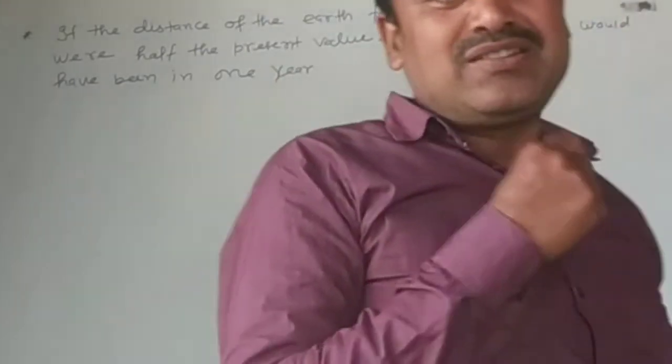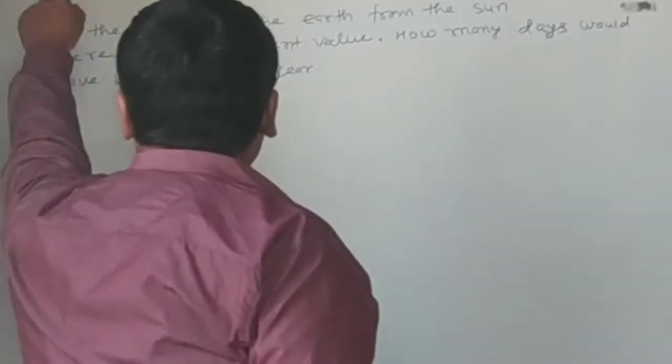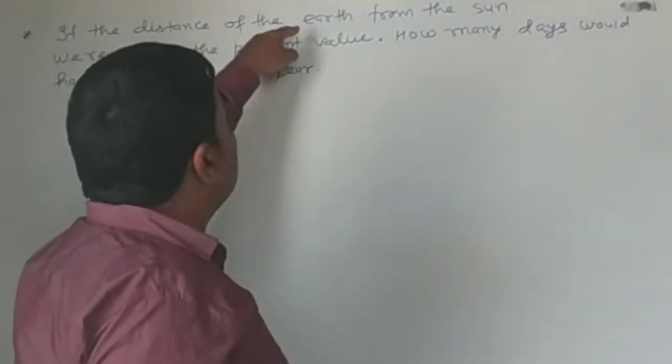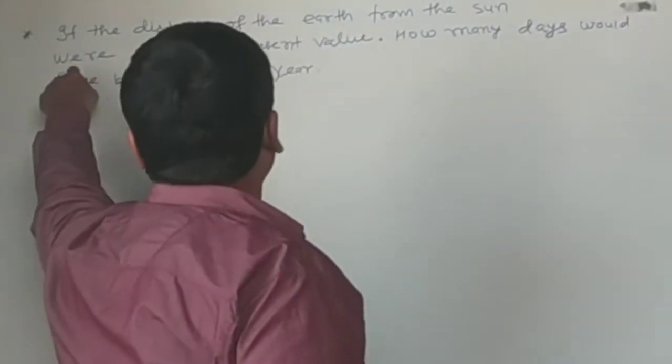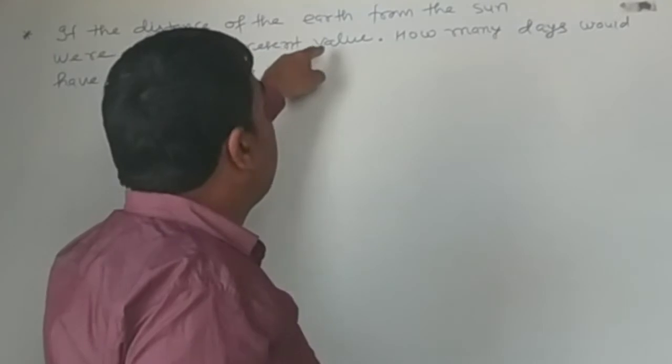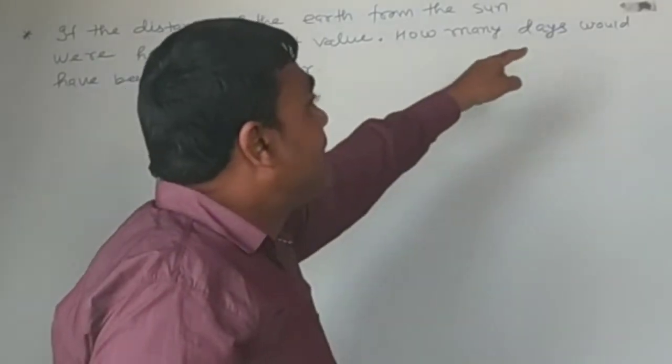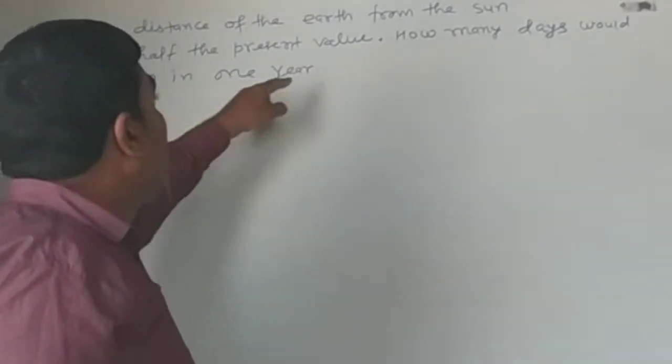Another one is: if the distance of the earth from the sun were half the present value, how many days would there be in 1 year?